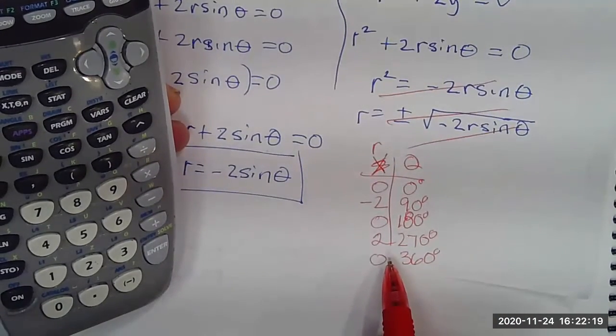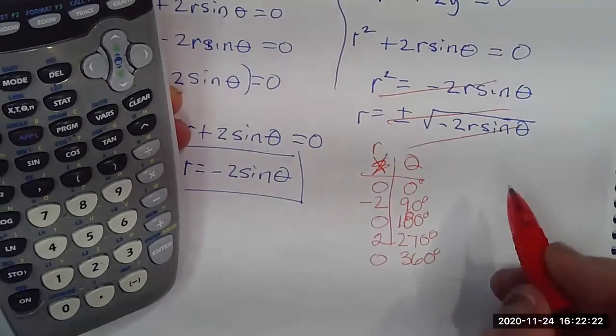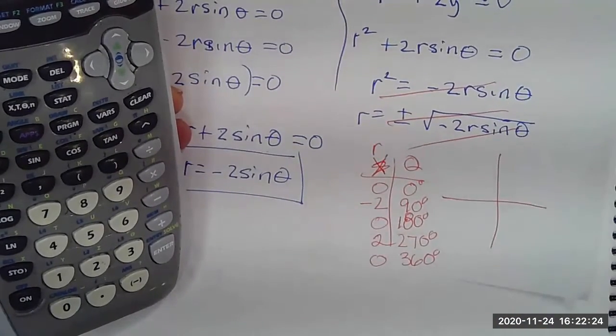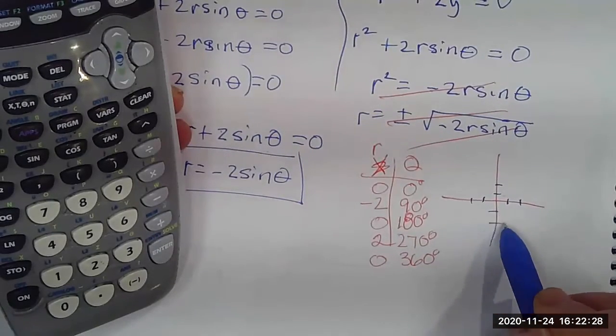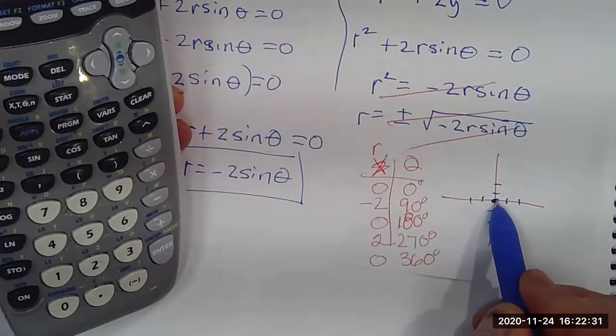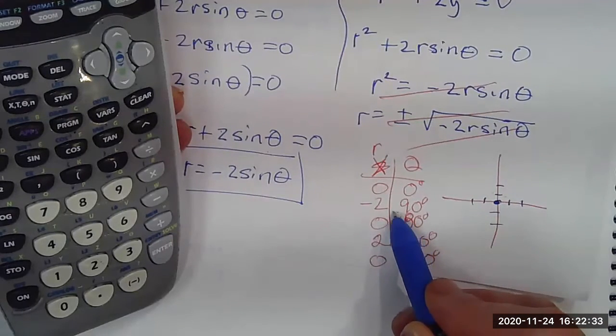So if I'm going to plot just those 5 ordered pairs, it's going to look like this. R is negative.